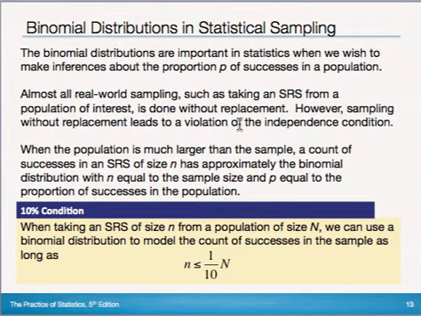So binomial distributions are important when we're talking about things like surveys and sampling, and we're trying to figure out the proportion p of successes. So for example, you are surveying people about whether or not they support some gun control initiative.